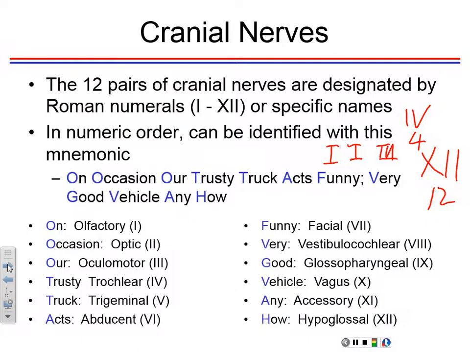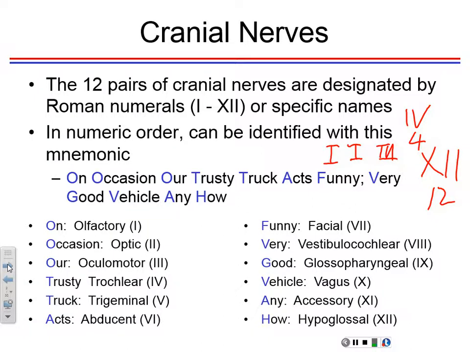Okay. There's a little mnemonic that you can use that will start with the letter of each of those words. Okay. On occasion, our trusty truck acts funny. Very good vehicle anyhow. Okay. So that means you got olfactory for smell, number 1.